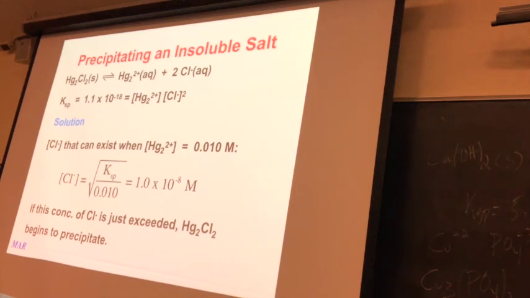Is 10 to the minus 8th moles per liter a big concentration or a small concentration? Small. Chloride just kind of has to look at the mercury and a solid begins to form. That's a really small number. Again, most of the time in lab, 10 to the minus 1, 10 to the minus 2 moles per liter. This is 10 to the minus 8, so it doesn't take hardly any chloride to have that happen.